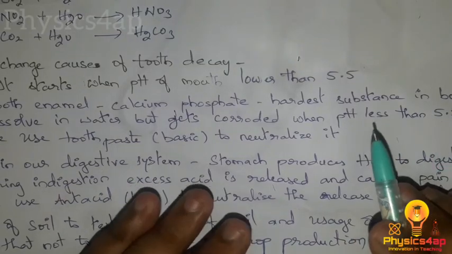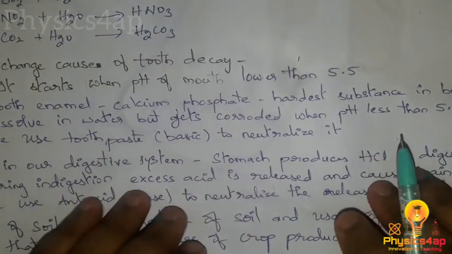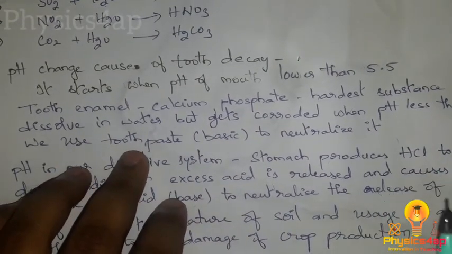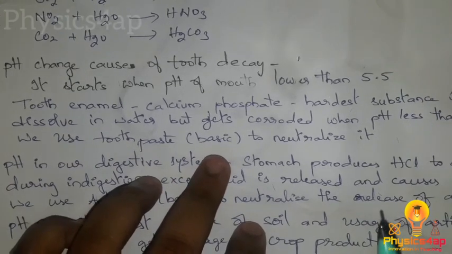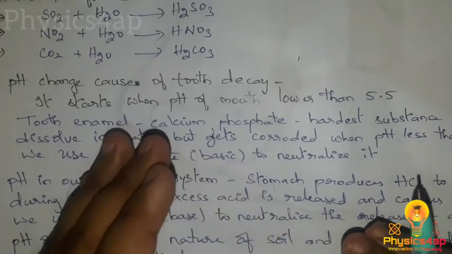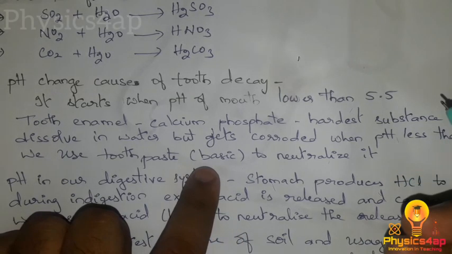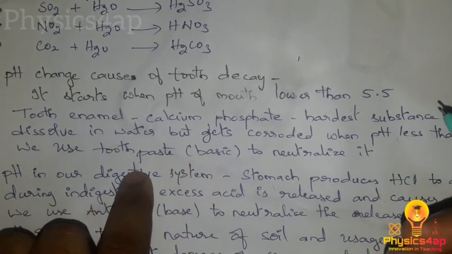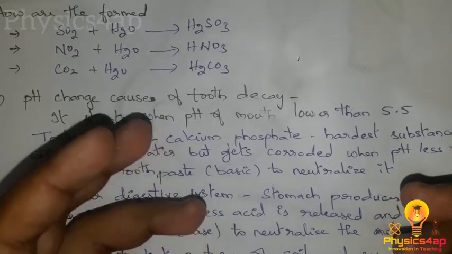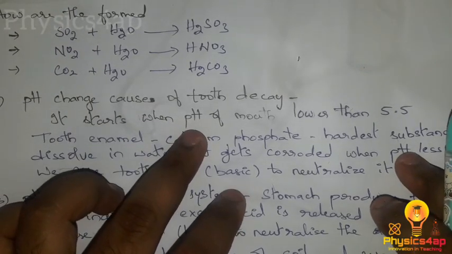To neutralize this problem, we use toothpaste. Toothpaste is basic in nature. So the acid released in our mouth is neutralized with the base, that is the toothpaste, so that we can prevent tooth decay.